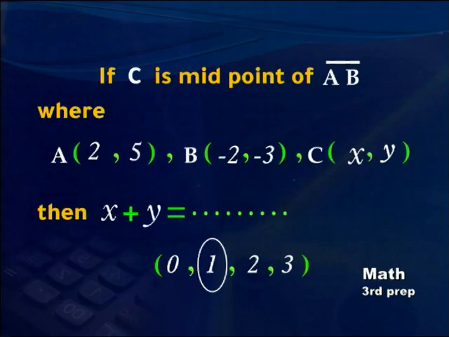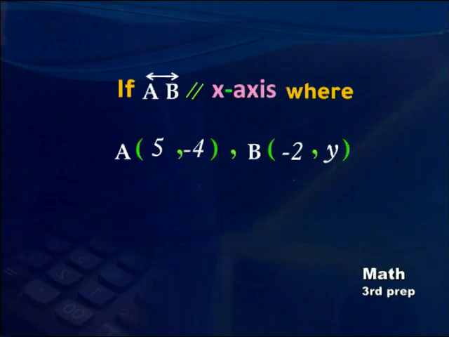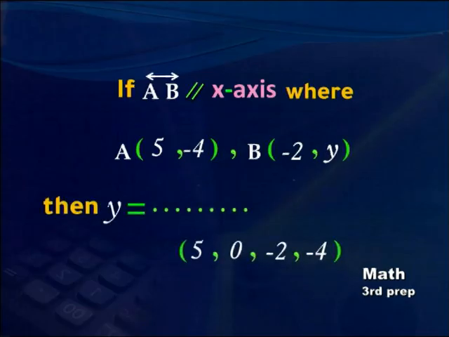Another example, if AB is parallel to the x-axis, where A is (5, -4), B is (-2, y), then y equals what? Is it 5 or 0 or -2 or -4?